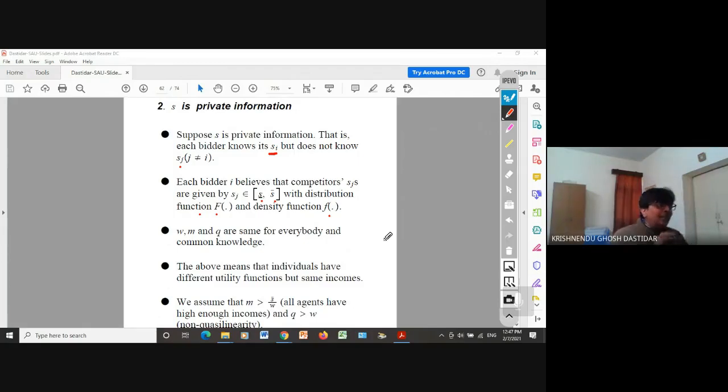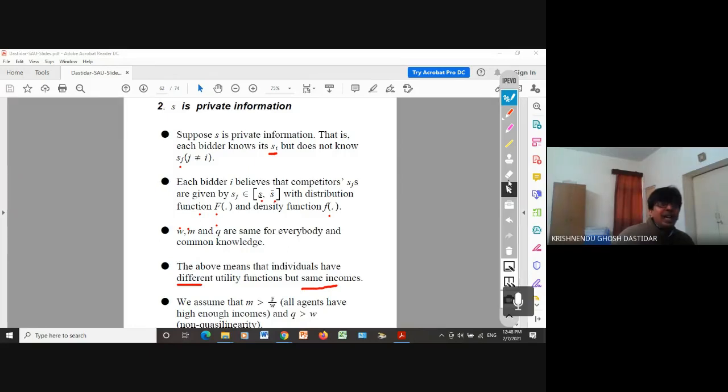This means the individuals have different utility functions but the same incomes, because I'm assuming W, M, and Q are the same, but S is different. Whenever S, W, or Q are different, utility would be different. All bidders have different utility functions, and the private information is over the S component.